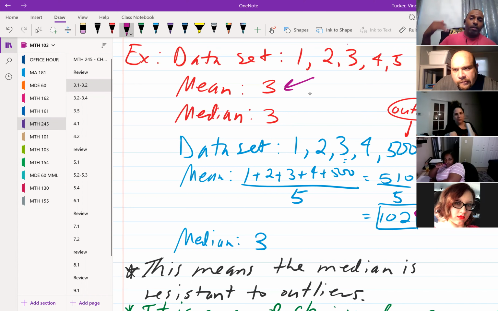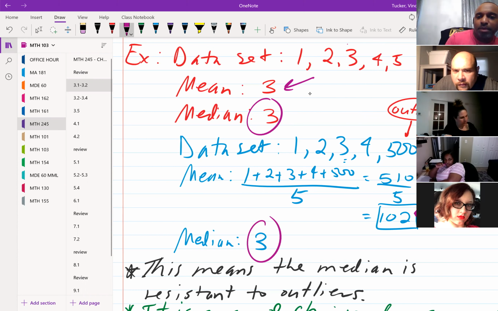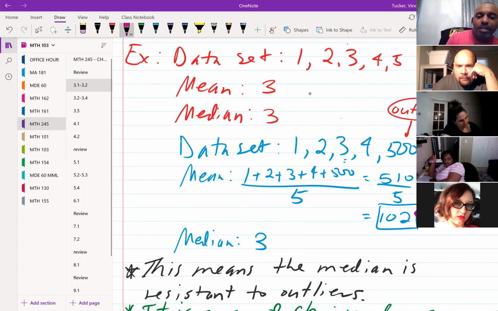So the outlier affected the mean, but it did not affect the median. Remember, the median is just the middle number. So this means that the median is resistant to outliers. If an outlier appears, it does not have to affect the median, but it will affect the mean.